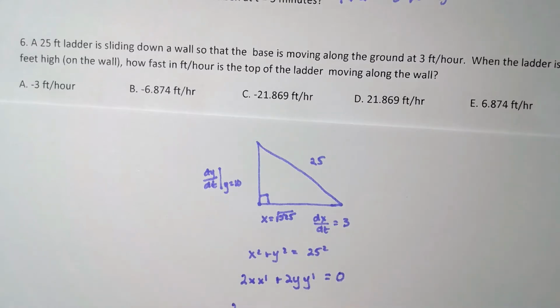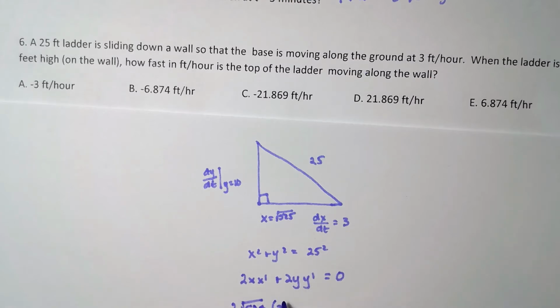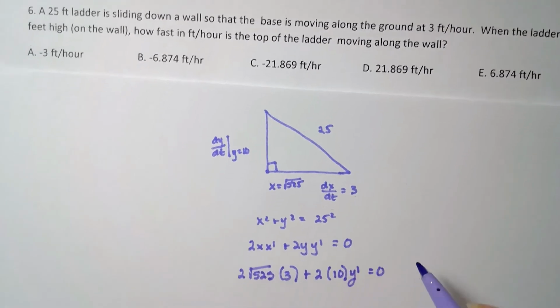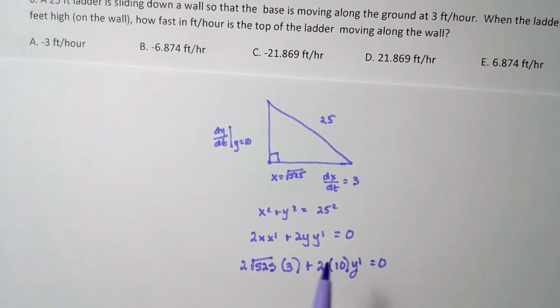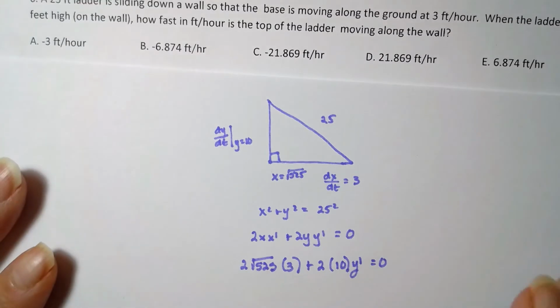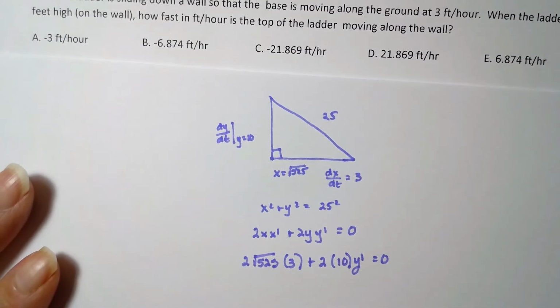And that's 2 times root 525 times x', which is 3, plus 2 times, when y is 10, times y' is equal to 0. So remember, never plug anything in until after you take the derivative, except for cones, and the only reason you're doing that in cones is to get rid of a variable. With ladders, we don't need to do that.